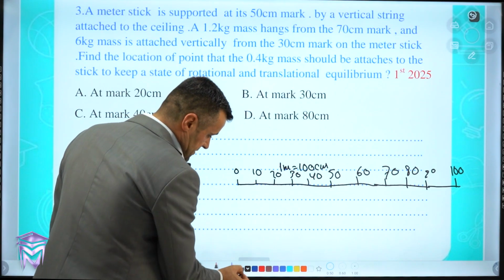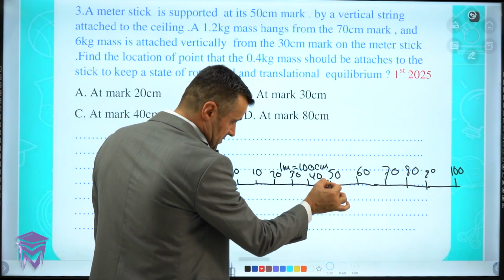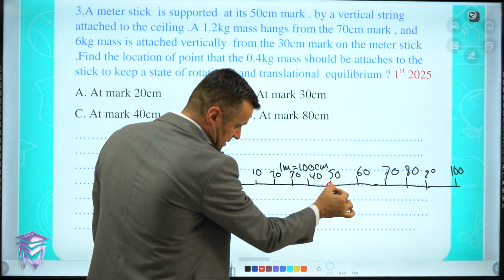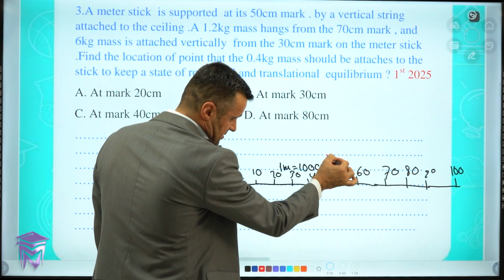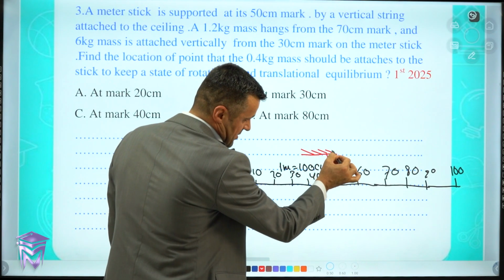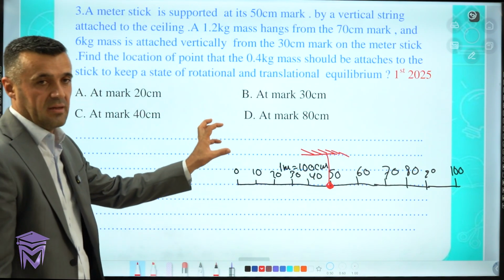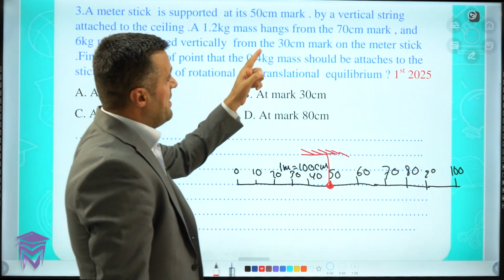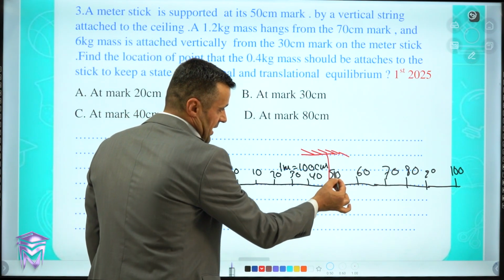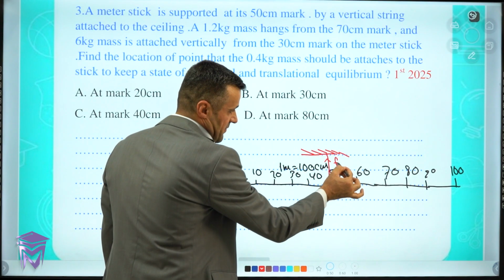Supported at the 50 centimeter mark. It means the stick is supported at the 50 centimeter mark by a rod or string, a vertical string, and this string has a tension force.